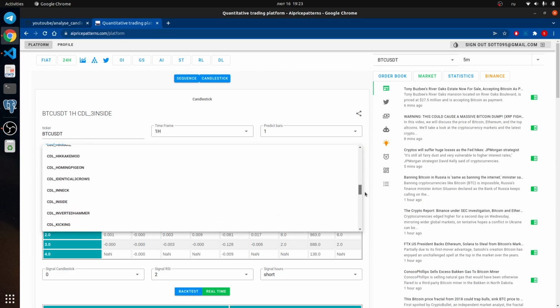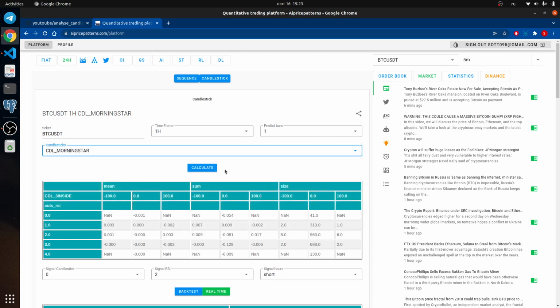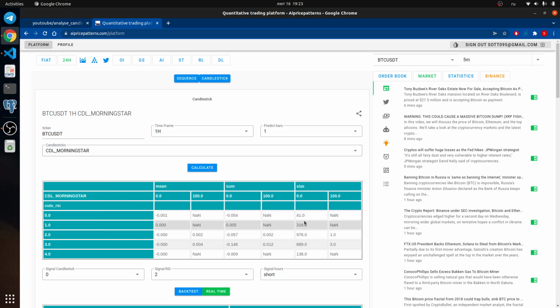Let's analyze, for example, another one, morning star. Okay, we also have only one situation, or three situations. Maybe it's not interesting for me.